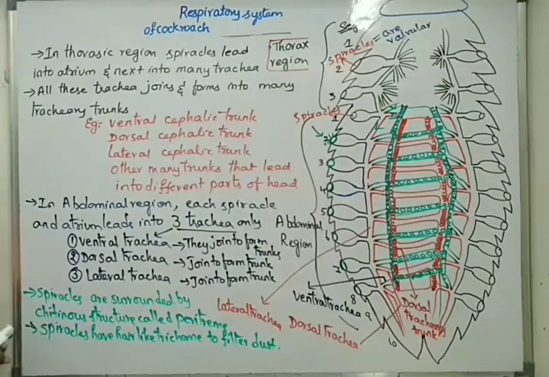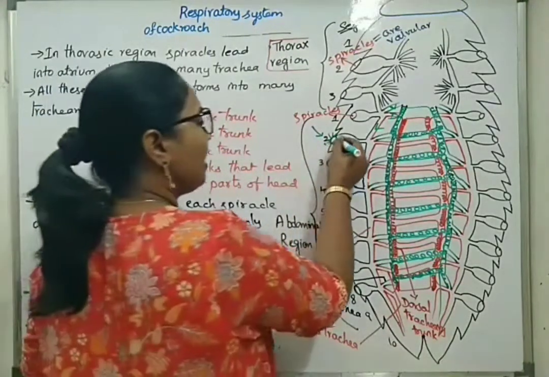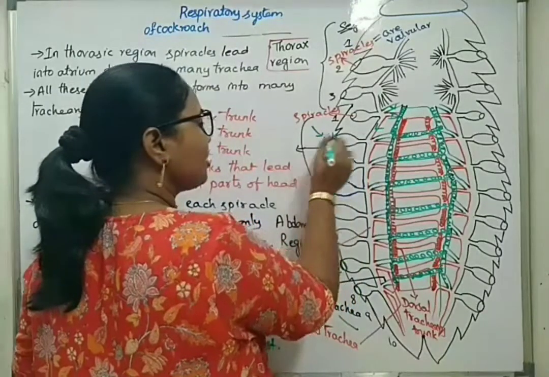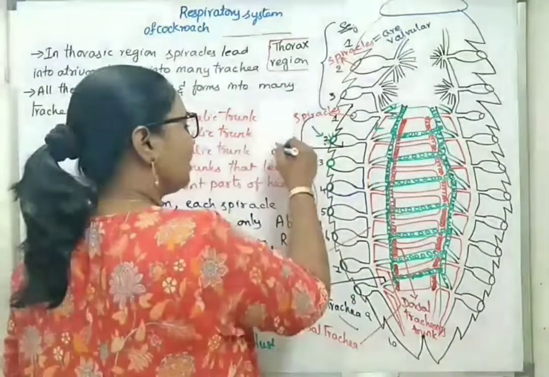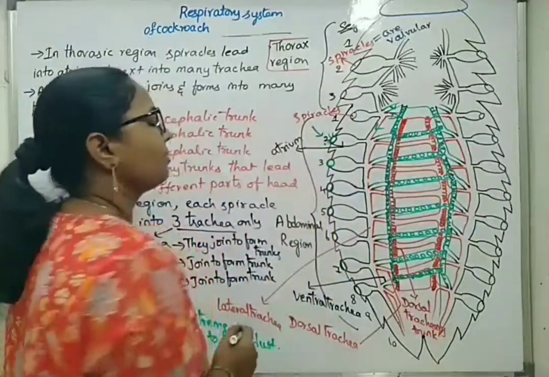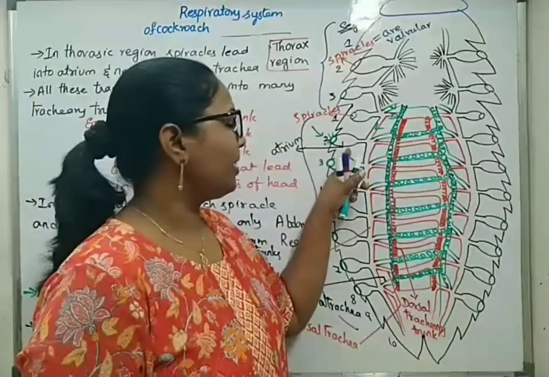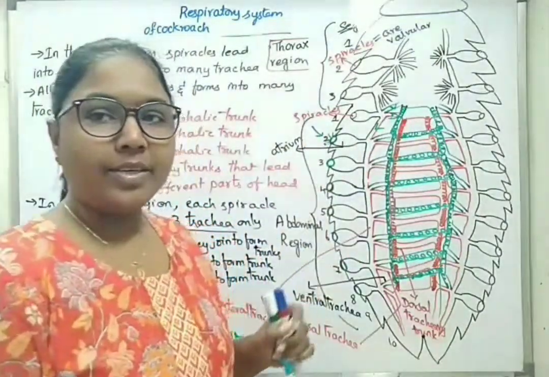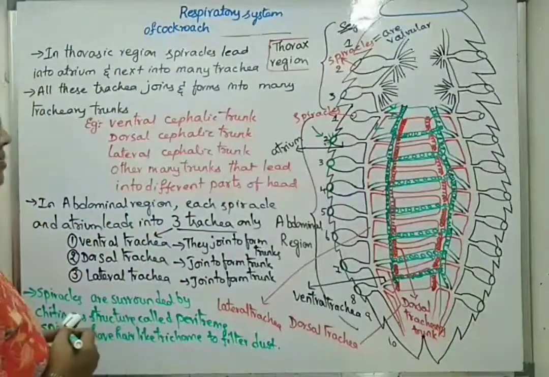Next. Spiracles, they are leading into these swollen sac-like structures called atrium. These spiracles, atrium, all these structures are having 3 different layers.